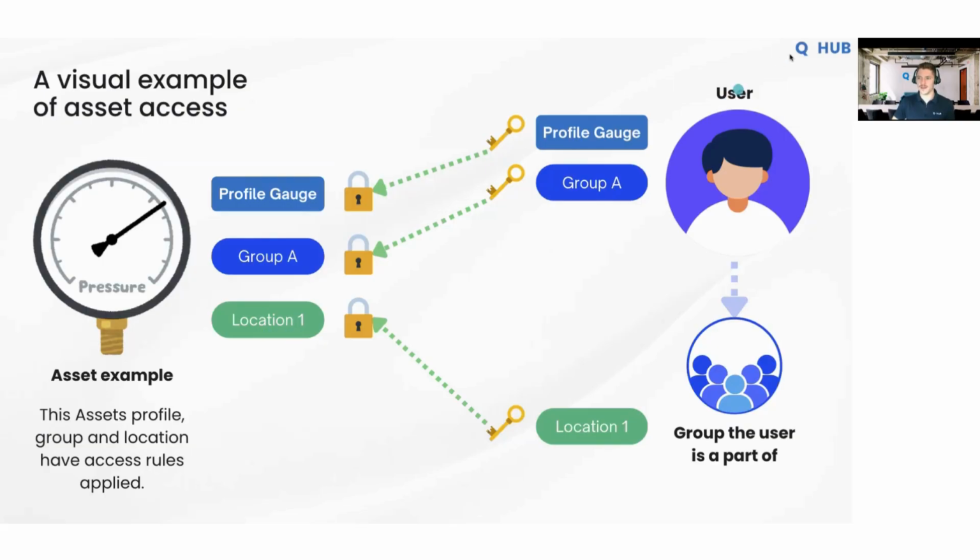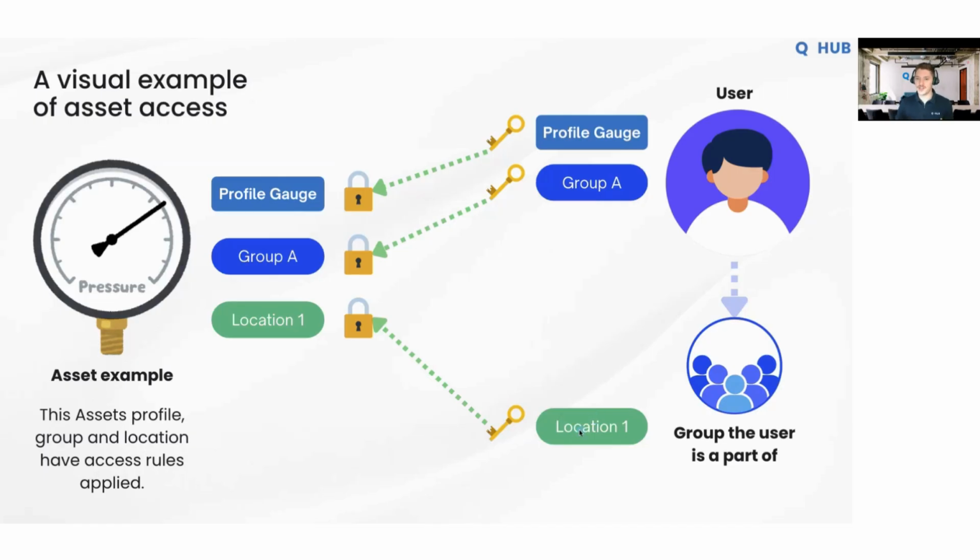So if you have a profile gauge and a group A, we can have access settings on this. Profile gauges might only be accessible to the engineering group, and then group A might only be accessible to your calibration engineers. And then the location allows you to only pick people or groups of people who are assigned to this location.